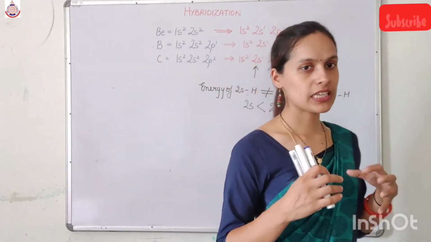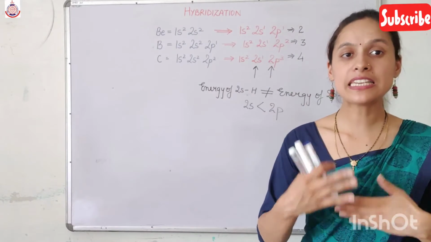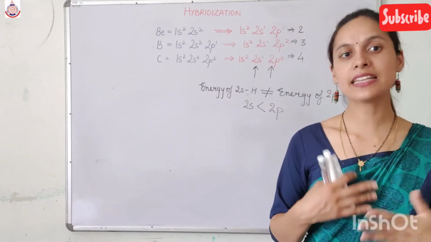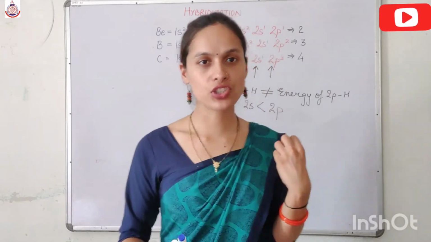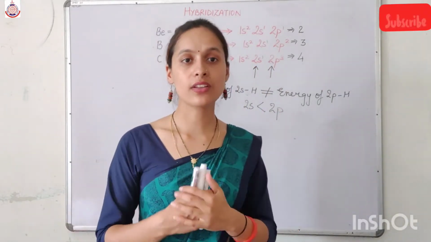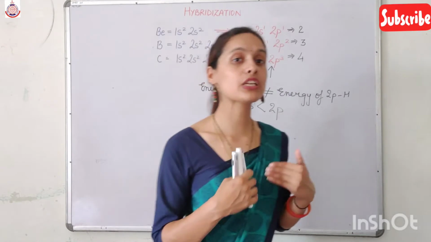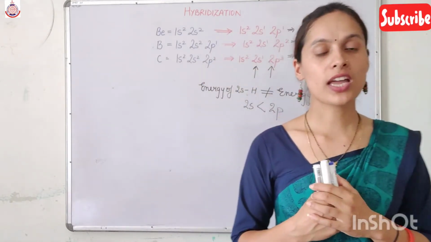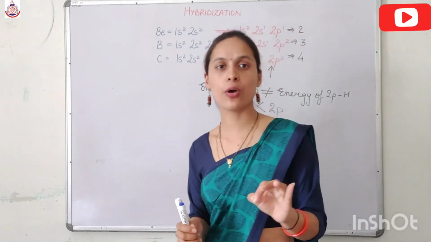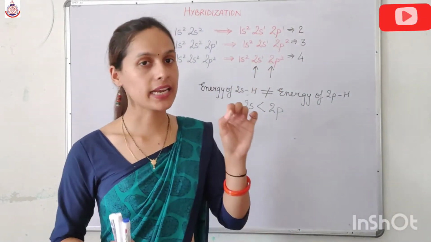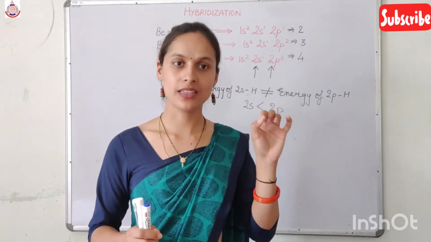When they combine, they redistribute their energies and their shapes, and this results in the formation of entirely new orbitals known as hybrid orbitals, which are equal in energy as well as size.